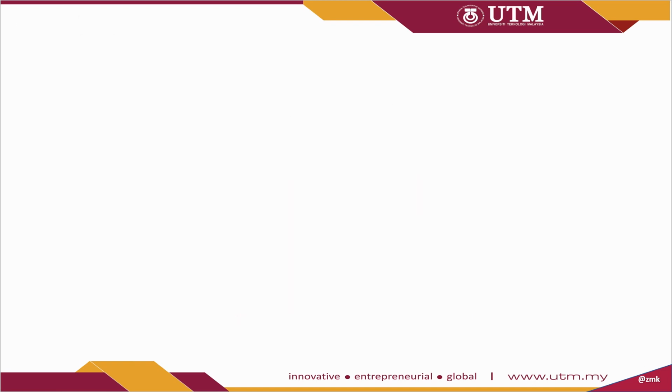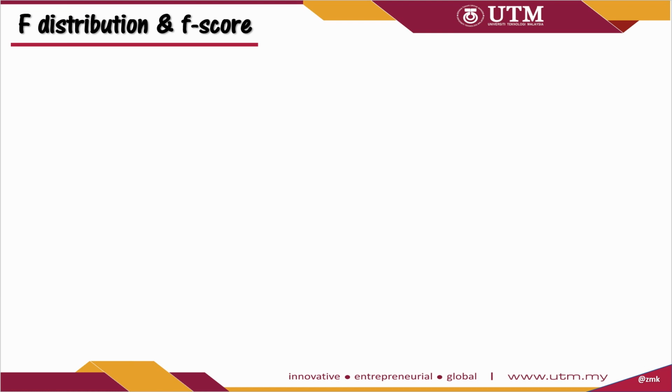Before we go into detail on the contents of this topic, let us be familiar first with an F distribution and how we are going to find an F score from a statistical table booklet. First, what is an F distribution?